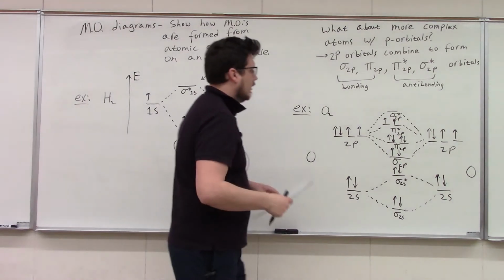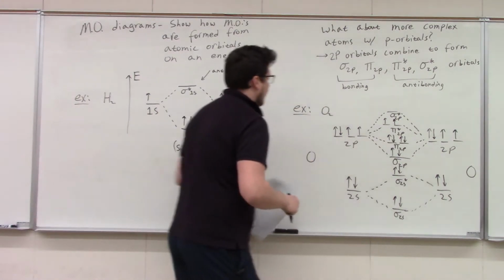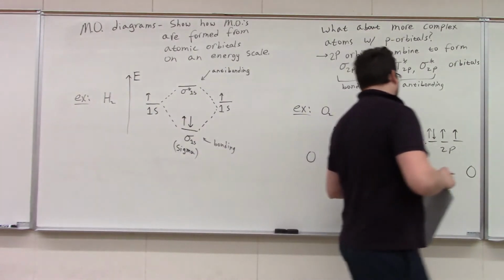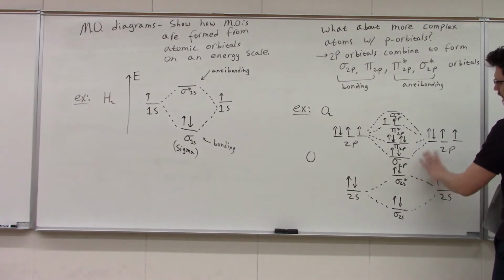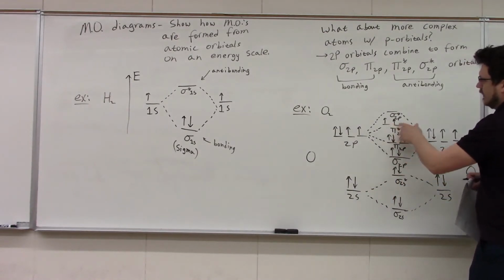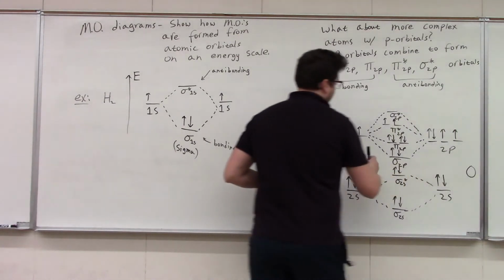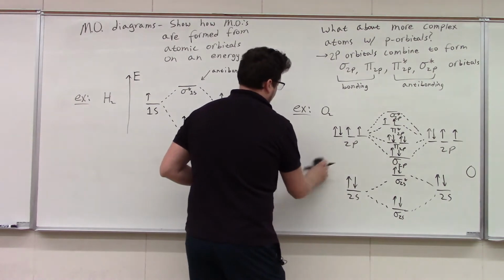All right, and so when I look at this, I have 6 electrons that are bonding, or if I want to include down here, this cancels out. I have 2 bonding, 2 anti-bonding, so we're not going to worry about that. But I have 8 electrons total, and of those, 2, 4, 6, make some room here.